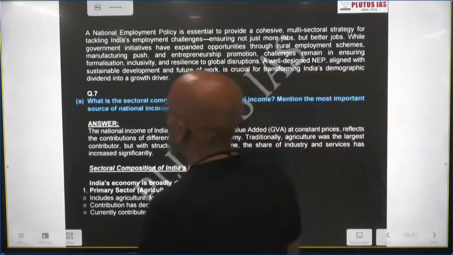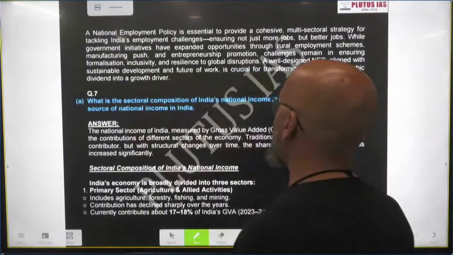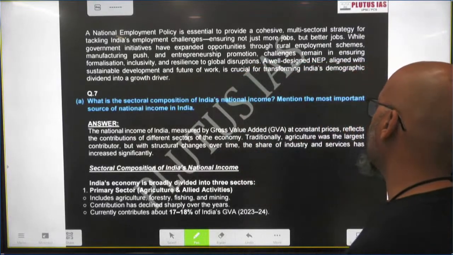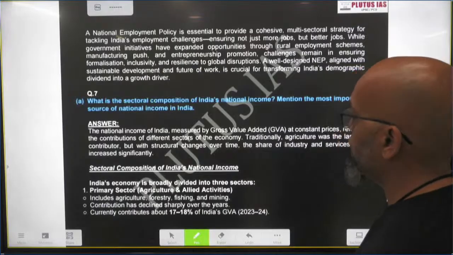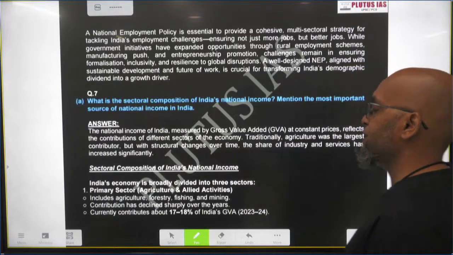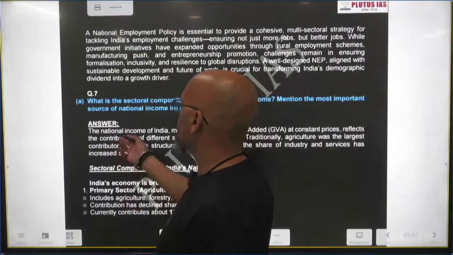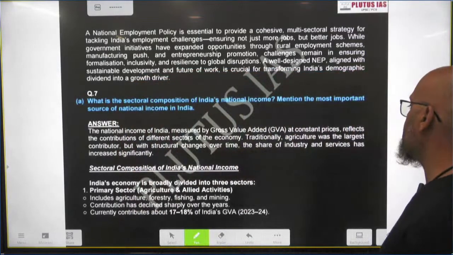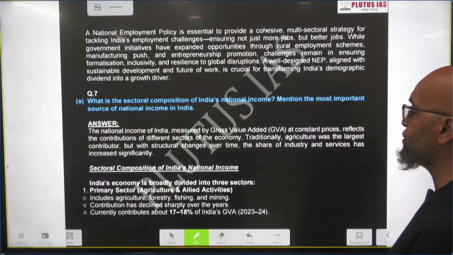Okay. Question number 7. What is the sectoral composition of India's national income? Mention the most important source of national income in India. So the national income of India measured by GVA at constant prices reflects the contributions of different sectors of the economy.